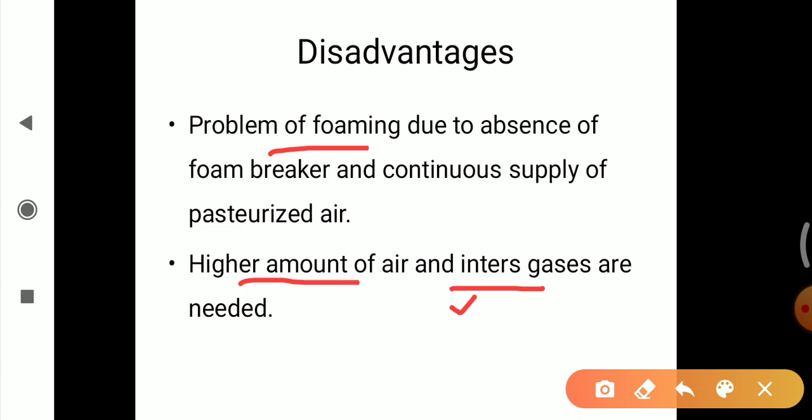If found outside, it is known as the external loop airlift bioreactor. Airlift bioreactor contains two tubes, the upflow tube and the downflow tube. Then we have seen the advantages and the disadvantages of the airlift bioreactor.